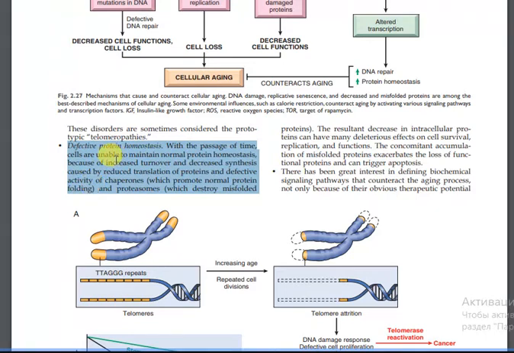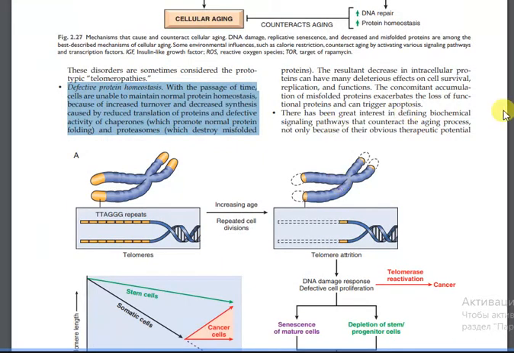And due to this, the cell collects more misfolded proteins, and you remember it causes apoptosis in other ways. So it causes lack of functioning of these proteins, lack of functioning of enzymes inside the cell, and of course it leads to cell death too.